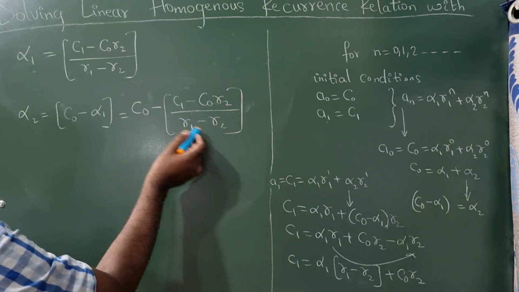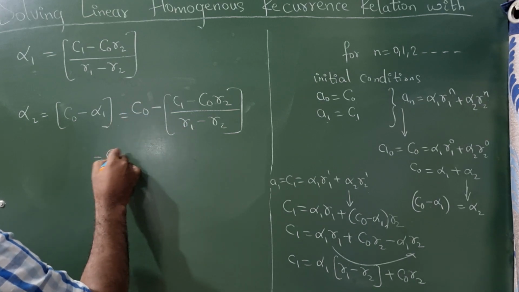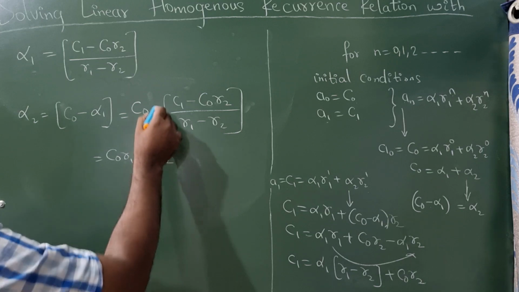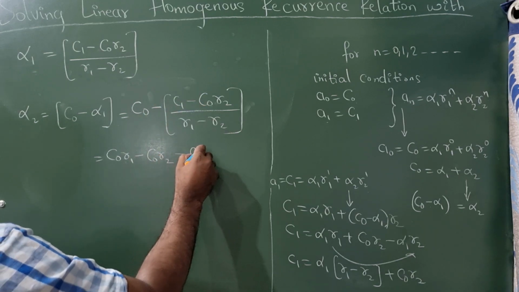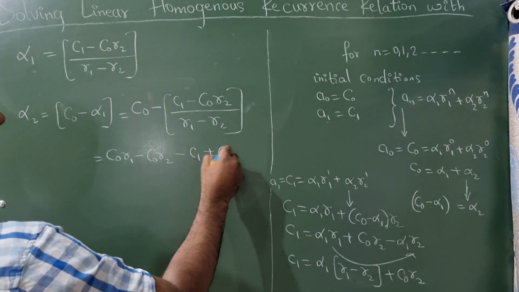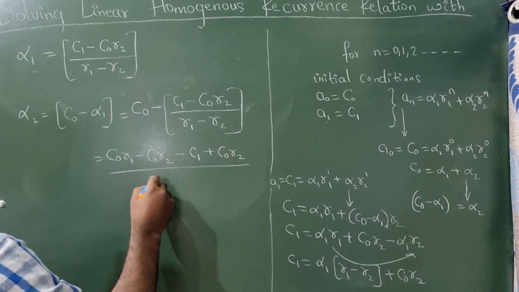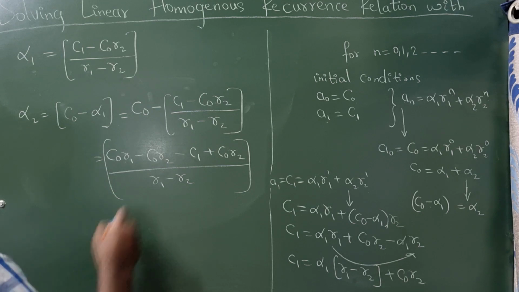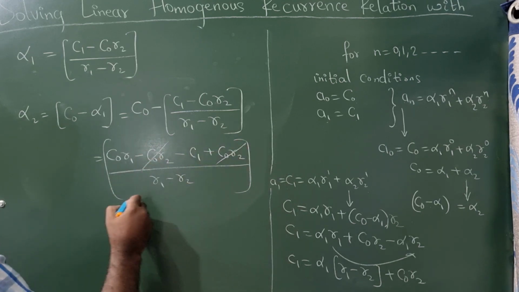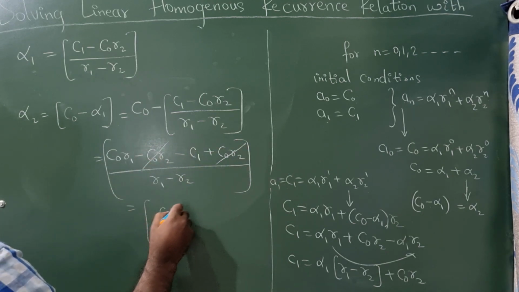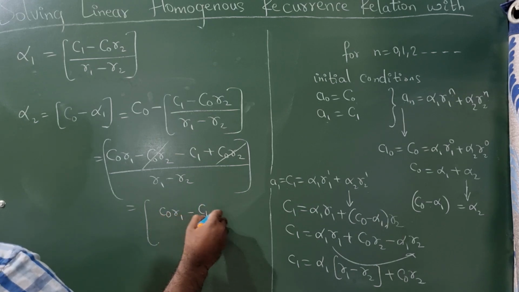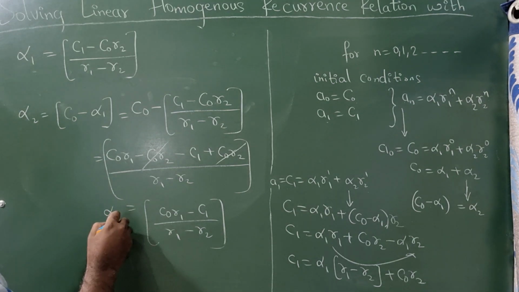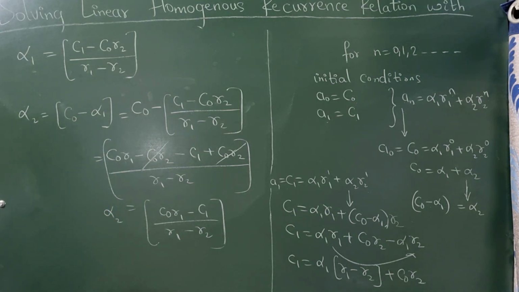Now alpha 2 equals C0 minus alpha 1, so C0 minus (C1 minus C0 r2) divided by (r1 minus r2). Cross multiplying, C0 r1 minus C0 r2, then taking the minus inside, minus C1 plus C0 r2, whole divided by r1 minus r2. The minus and plus terms cancel. So the final answer is (C0 r1 minus C1) divided by (r1 minus r2). This is your alpha 2 value.